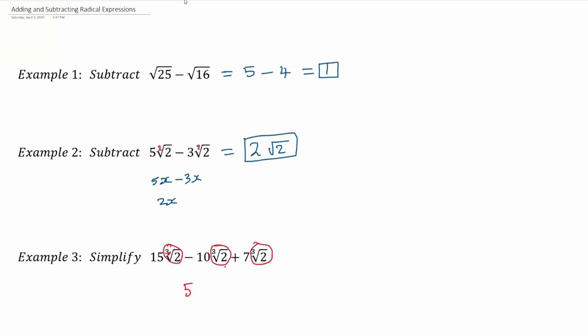So you get 5 cube root of 2 plus 7 cube root of 2. And now you just need to add the 7 and the 5 together, which will give you 12 cube root of 2. And you are done.